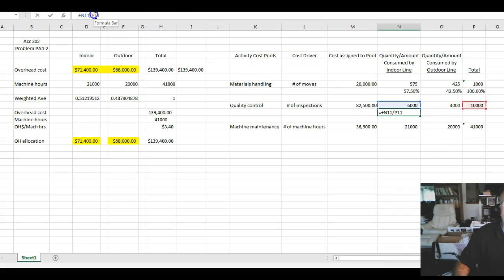And we want our denominator to be a constant. Then we can simply copy that formula over to the next column and make sure that we got 1 as a total, or 100%.